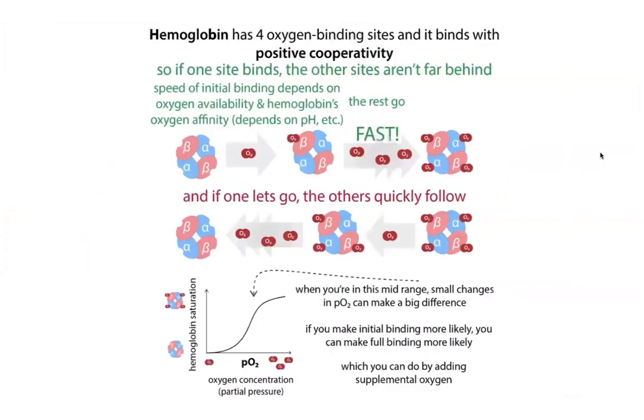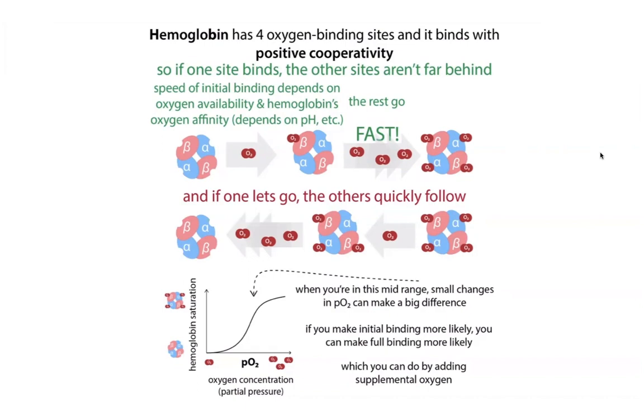Hemoglobin has 4 binding sites for oxygen, and it binds cooperatively, which means that when oxygen binds one site, it makes the other sites more likely to bind. So even though it's linear, you're going to get the sigmoidal curve. If you were to plot it on a log scale, you would get an even steeper sigmoidal curve.